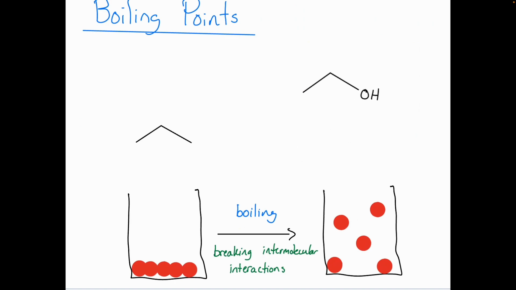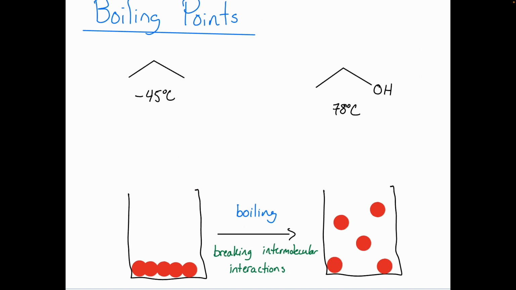Absolutely, ethanol has a boiling point around 78 degrees Celsius. That number isn't really important. We're just going to use these values to compare. Compared to propane, which has a boiling point of negative 45 degrees Celsius. So first of all, what does that mean? Let's look at these numbers real quick. Ethanol, I think we all know, is a liquid at room temperature.